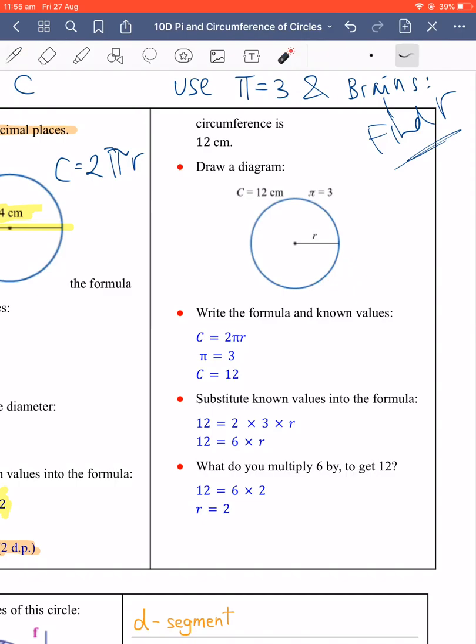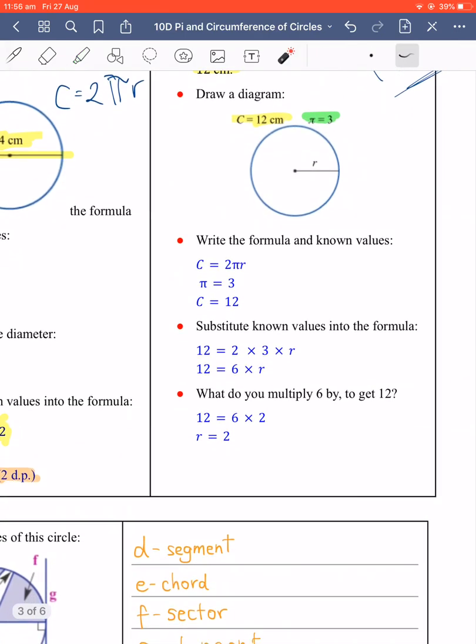First thing to do, always draw a diagram and write down all the information that you have. So we were told our radius, which is r, we don't know, but we know our circumference, which we're told is 12. So keep that information front of mind. And we also were told that pi equals 3. So we can also write that information down.